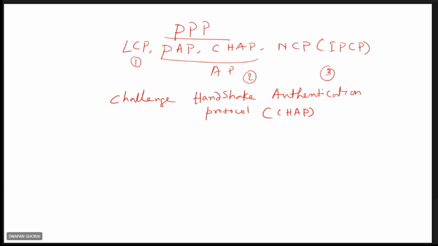In this method, the password is never sent on the line, as I told you last time. So what are the three steps here?